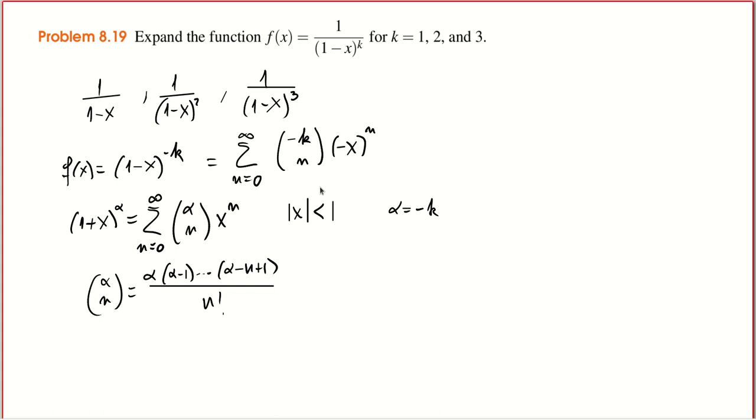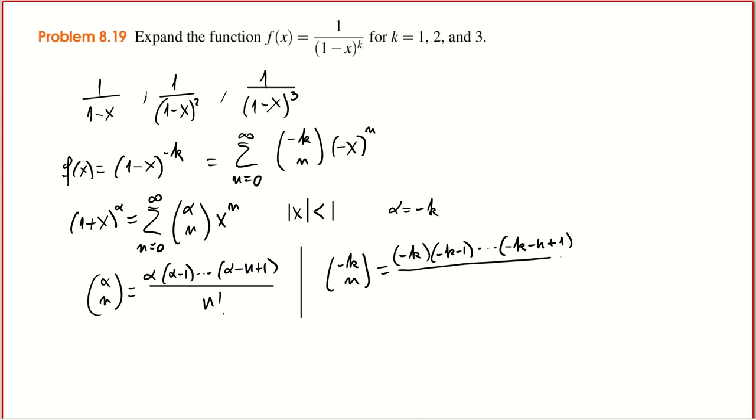So let me first transform this number into something easier to recognize. We have minus k over n, and according to this formula, this is equal to minus k times minus k minus 1, minus k minus 2, etc., up to minus k minus n plus 1, divided by n factorial.